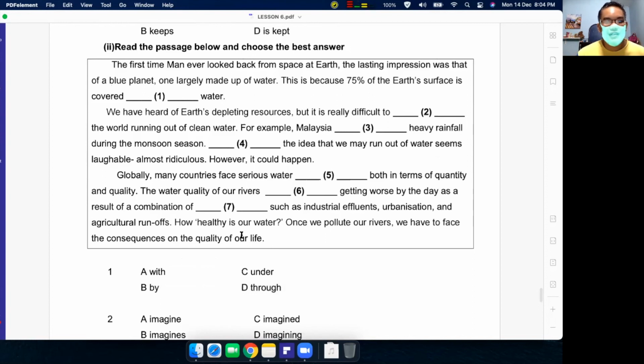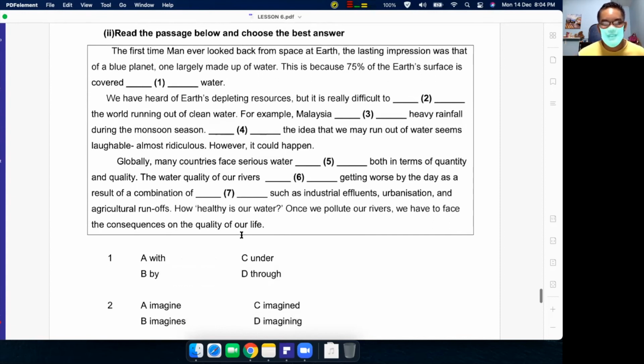We have heard of Earth's depleting resources, but it is really difficult to what? This is called infinitive 2, right? After infinitive 2, it should be followed by the base form. You cannot have 2 running. It must be in a base form. So the base form of this second answer is this one, A.